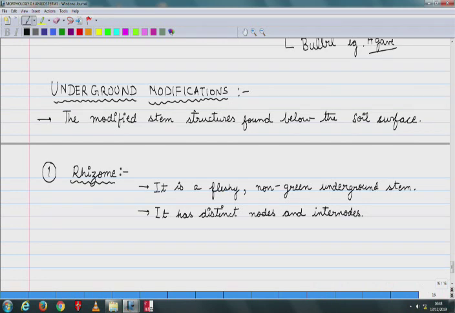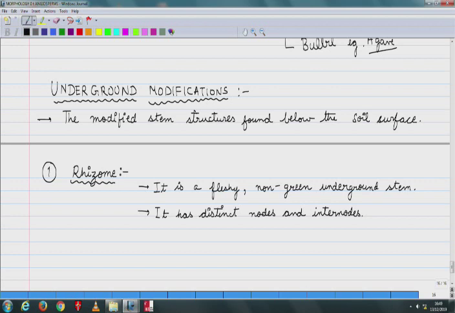Now there is a question I asked in board examinations, so just listen to it. How will you confirm the presence of buds in the rhizome? If you see ginger rhizome, you can see the buds are there, right? So how will you confirm that this is a stem just by looking at it?